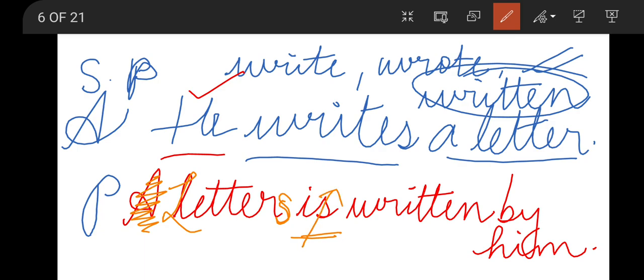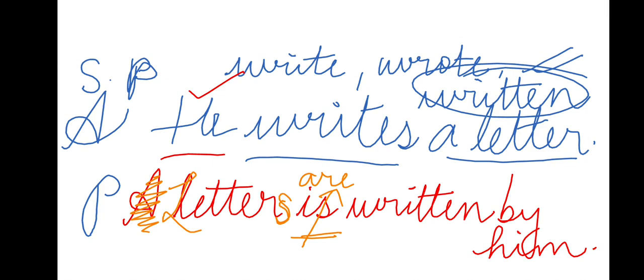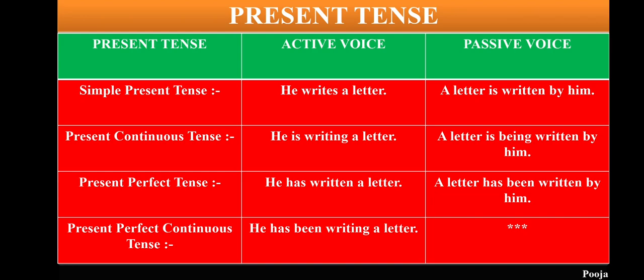You'll be reading about the subject verb agreement. So if I change this sentence to letters, I'll be writing: letters are written by him. You need to keep it in your mind and do not make mistakes. Do remember my subject and my verb, there should be an agreement between the two.